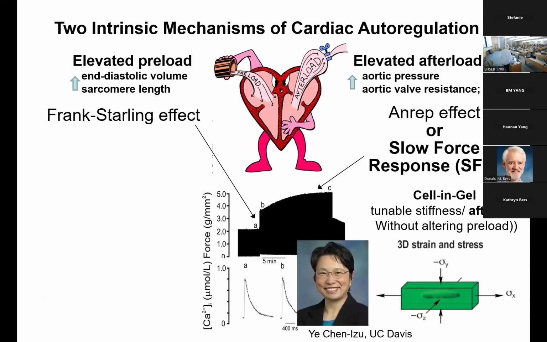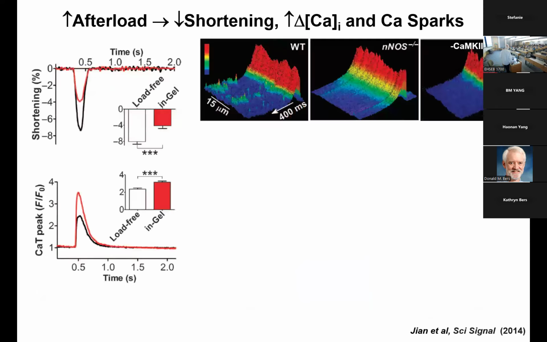Now, in our department, Yi-Chen Mizu has developed a cell-in-gel approach where you can tune the stiffness of a three-dimensional gel. What I liked about this was that it allowed us to separately look at what afterload does, because the cells are kind of locked into their resting length, and then we can change the stiffness of the gel against which the cell has to contract.